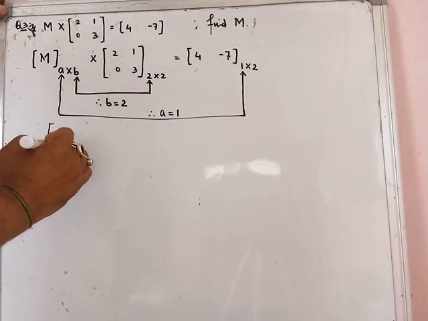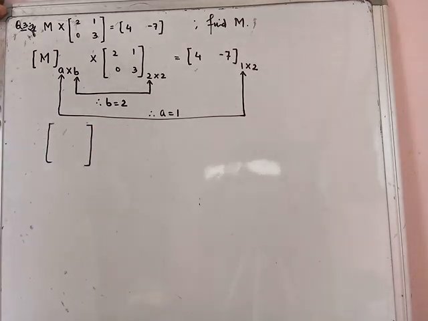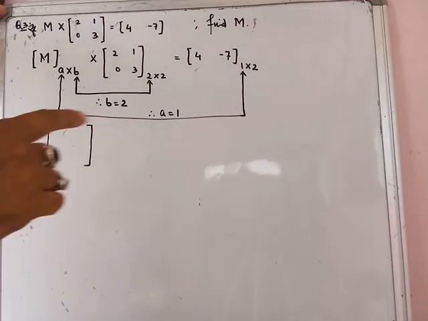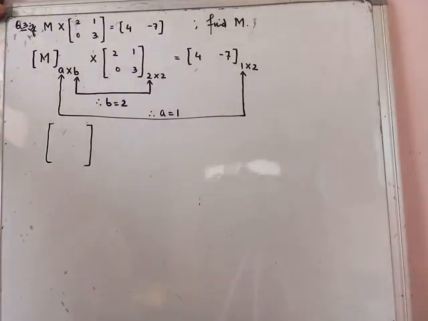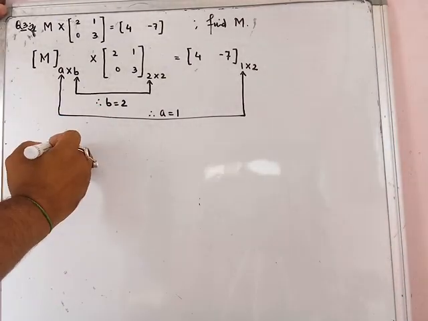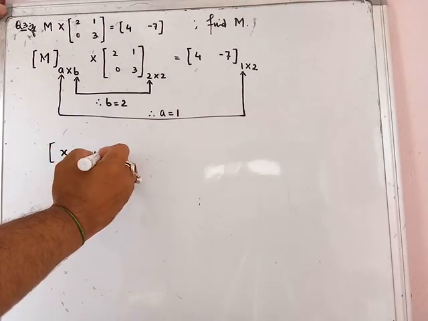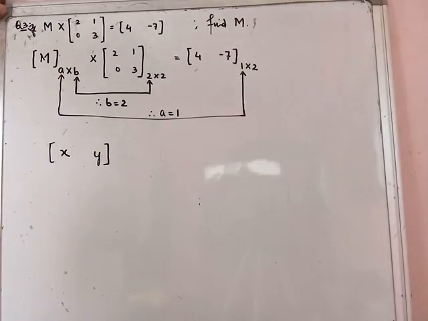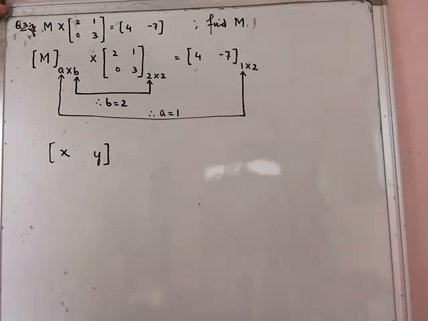So now we can write matrix M in terms of the individual entries. How many rows does M have? M has only 1 row. So we are not going to write it like this. We are going to write it like this: x and y. Why x, y? Why not a, b, c, d? Why not x, y, p, q?